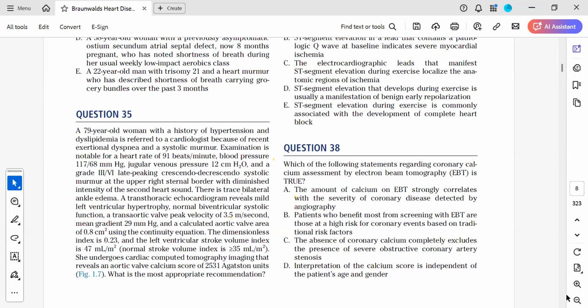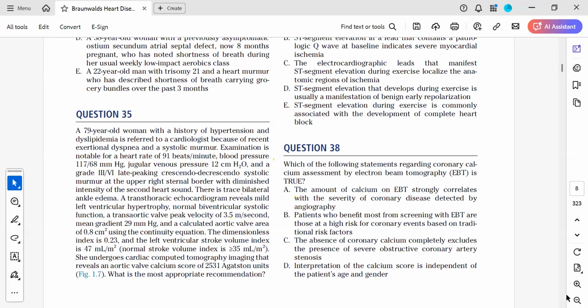The venous pressure is raised at 12 centimeters of water, and the patient has a grade 3 murmur that is late peaking, crescendo-decrescendo. Of course, this is an aortic systolic murmur at the upper right sternal border.